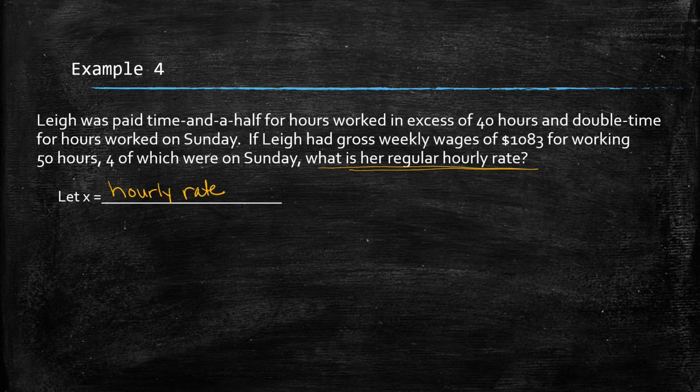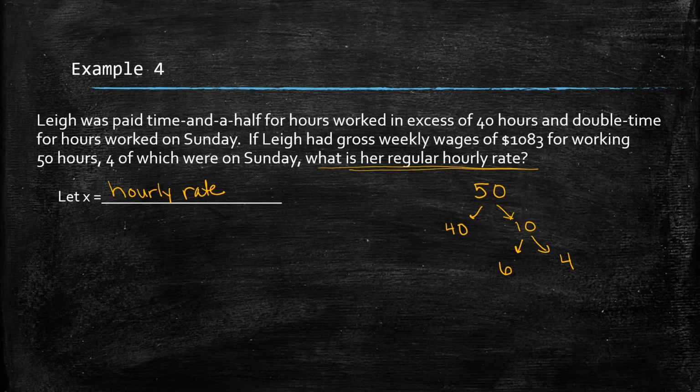We know that Lee worked 50 hours. So 40 of those hours were at her regular salary, and then an additional 10 hours was her overtime. Of those 10 hours, we were told that 4 were on Sunday, which means that 6 hours were not on Sunday.